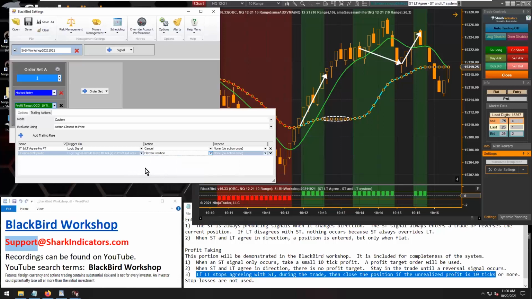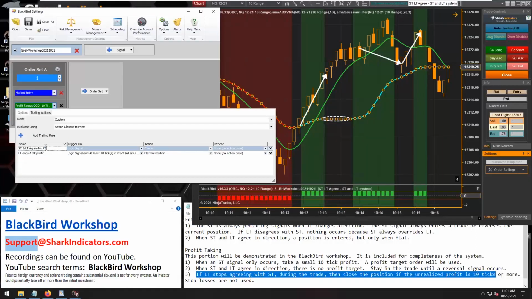All right, so we're not quite done yet. In order for a trailing rule to be able to execute, the order has to exist. So the problem here is with the first trailing rule.